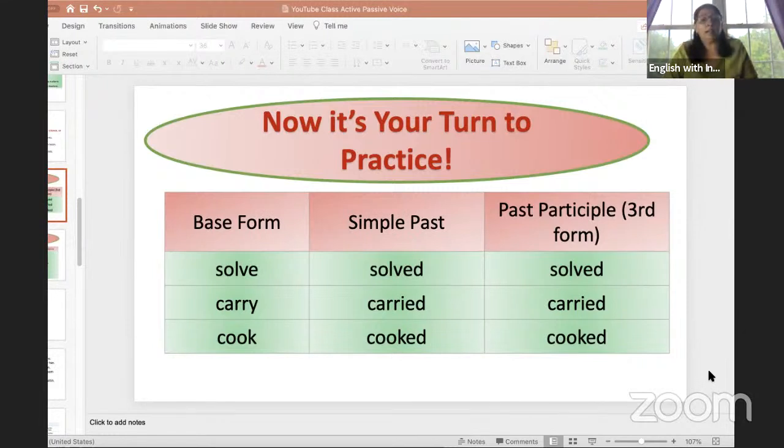Sometimes I heard that. No, it's solved. Solve, solved, carry, carried, cook, cooked, right? So you see how the sound changes. Solve, solved, carry, carried, cook, cooked. Okay.